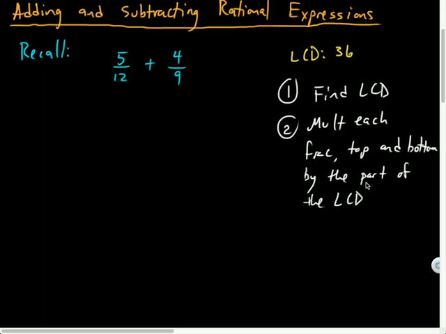This language will actually make more sense, me saying part of, when we get to our polynomial stuff, rational expressions. A part of the LCD it is missing. And then lastly, add or subtract the numerators.